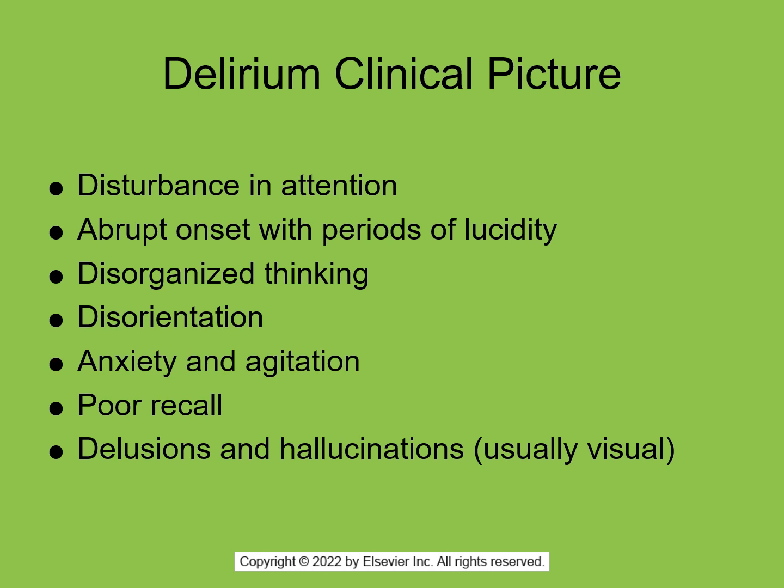They may also have poor recall and hallucinate, usually delusions or hallucinations, but usually visual instead of auditory. They shift their attention back and forth all day. They may be anxious and agitated, with poor memory. Again, they may have delusional thinking.